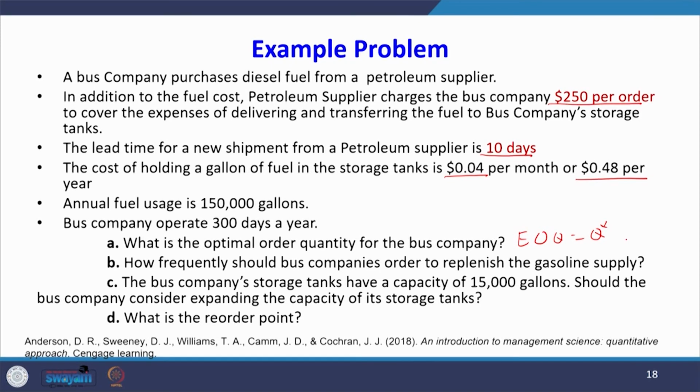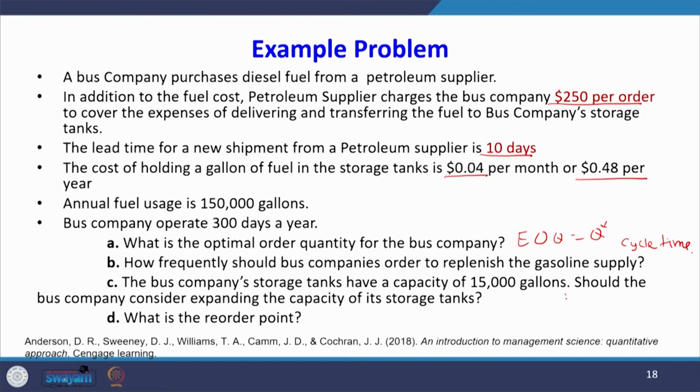So, we have to know the cycle time. The bus company storage tank has a capacity of 15,000 gallons. Should the bus company consider expanding the storage capacity? The next one, what is the reorder point?